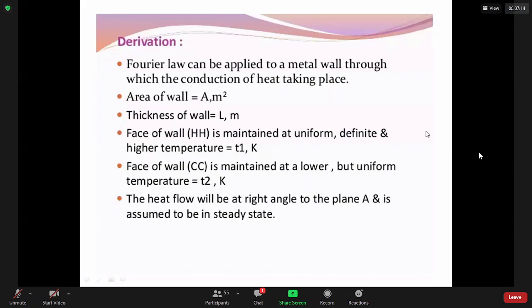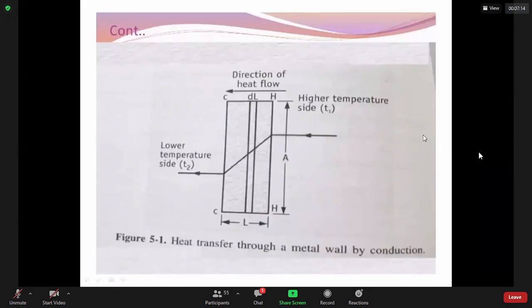Now, if you consider a thin section of thickness dl, at an intermediate point in the wall, Fourier's law as applied will be given as follows.